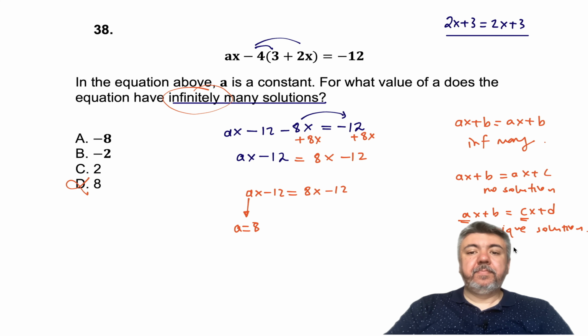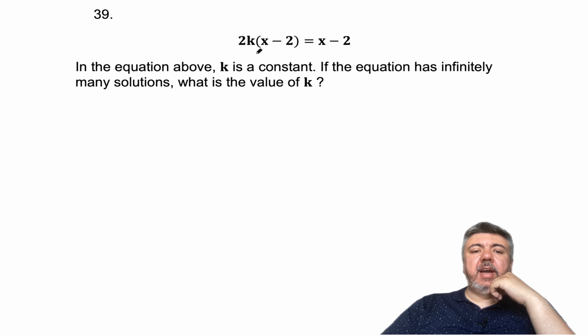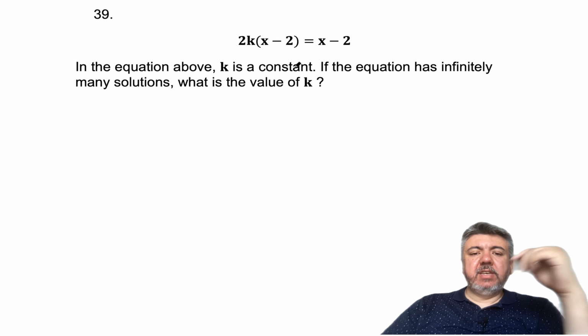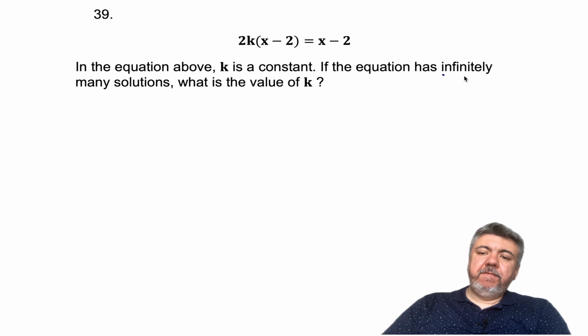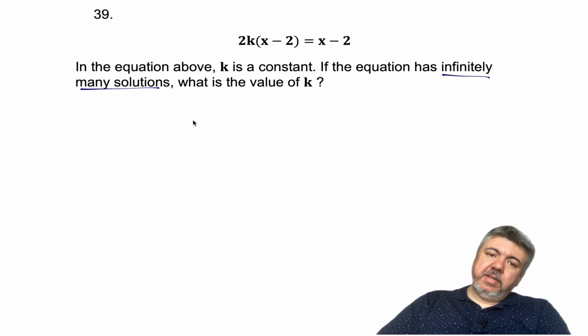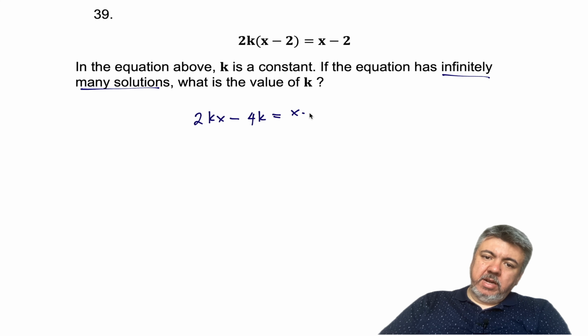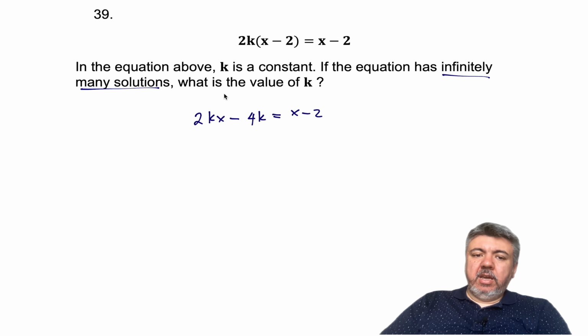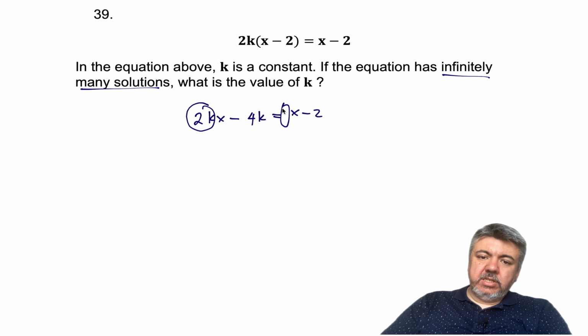That's the idea. Question 39. In the equation above, k is a constant. If the equation has infinitely many solutions, what is k? Let's expand it. 2kx minus 4k equals x minus 2. The idea here is to make the coefficients of x equal and make the constants equal.